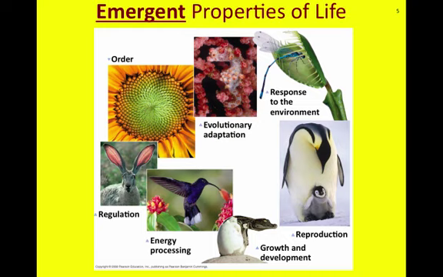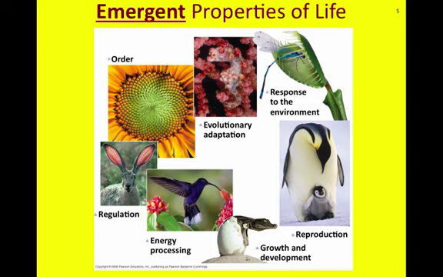The first you see on the left is order. All living things are thought to be highly ordered or categorized. In fact, there is some unique complex organization to each type of life, each organism. Living things also exhibit the trait of evolutionary adaptation.